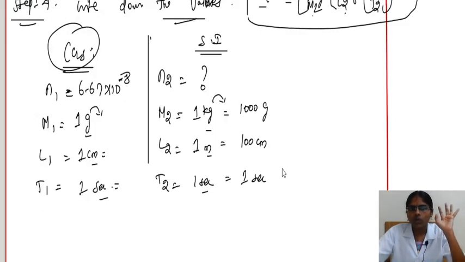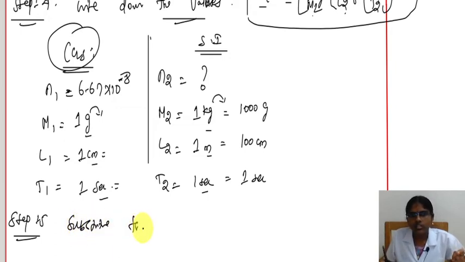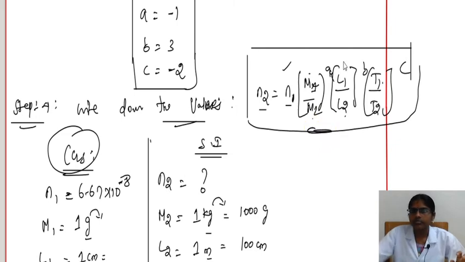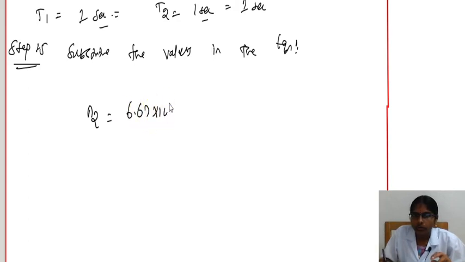Now the fifth step, and this is the last step. Fifth step is to just substitute all the values in the equation. So what is the equation? This is the equation. N2, I don't know, I am going to find it. N1 is 6.67 into 10 power minus 8.